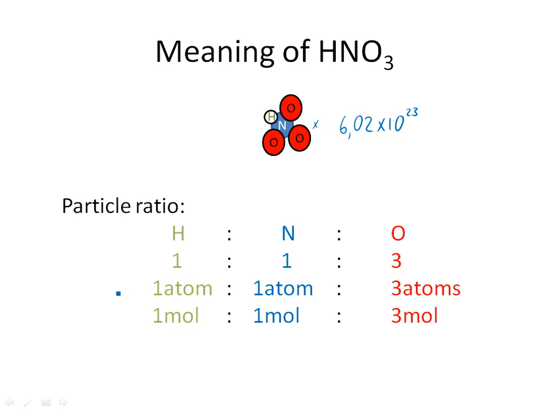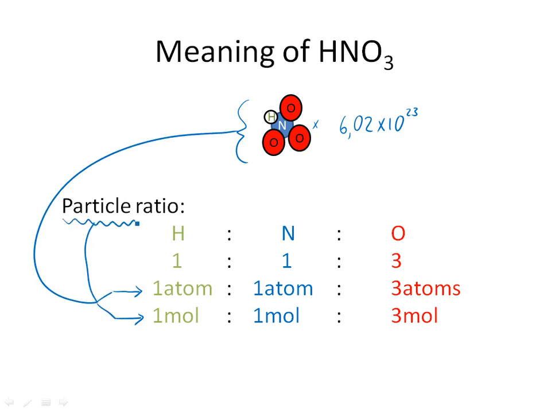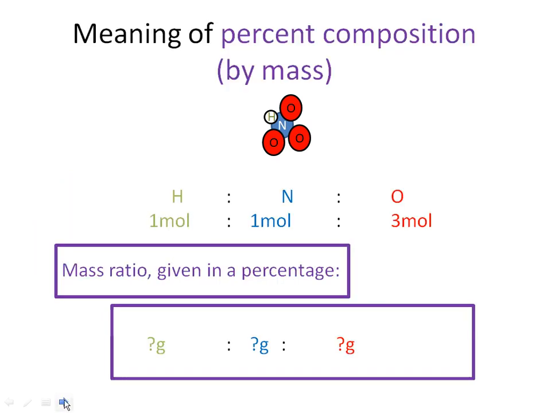So we can see that an atom ratio and a mole ratio for a particular substance is always the same ratio, so we can just call it a particle ratio, because atoms and moles are two different ways of expressing particles and ratios between particles.